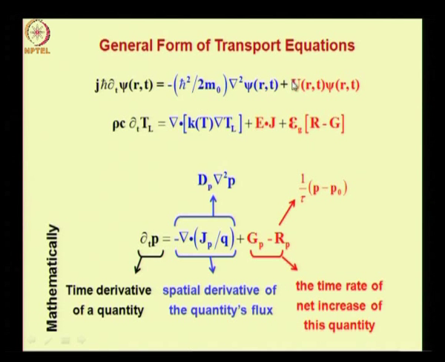Similarly, since the coefficient here is a potential energy, you can interpret the right hand side terms as kinetic energy plus potential energy, and accordingly you can arrive at the h cross square by 2m naught term, and then for dimensional consistency you have the h cross term coming here.